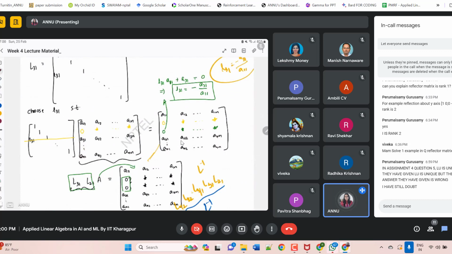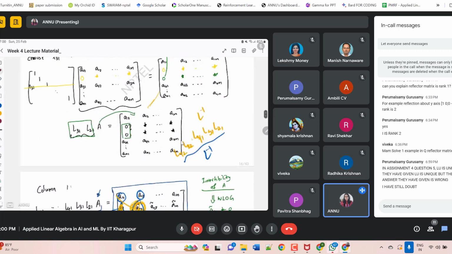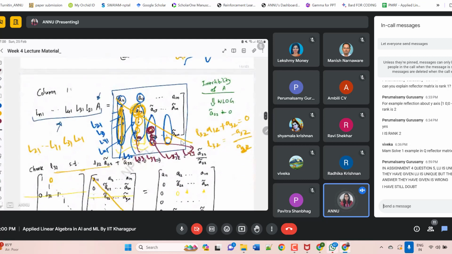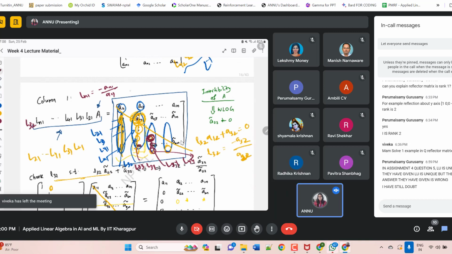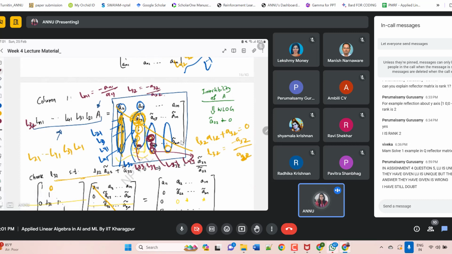So whatever the matrix A is, you will have these values. The same goes for Ln1, which is minus an1 divided by a11. Then you will calculate L32, which will be minus A32 divided by A22. These values are the same. You cannot change that, okay?